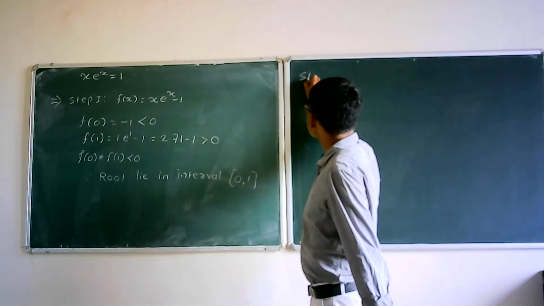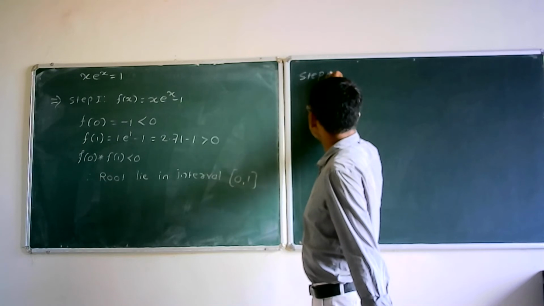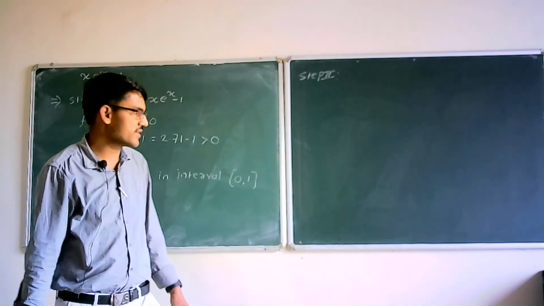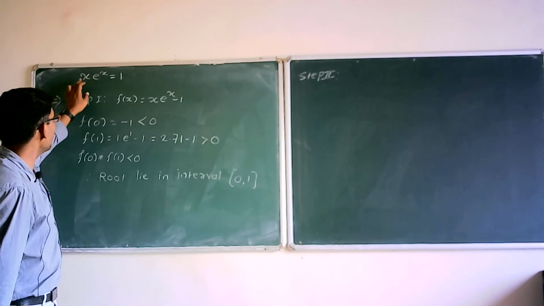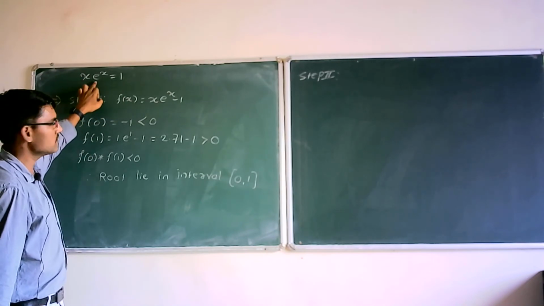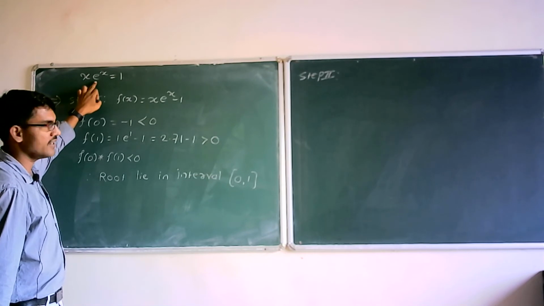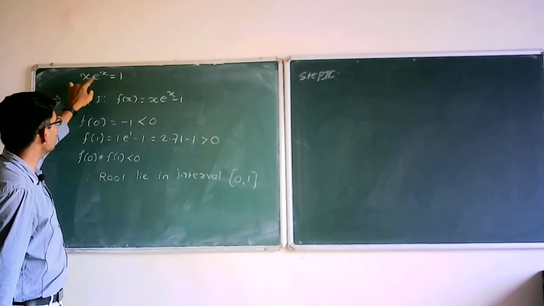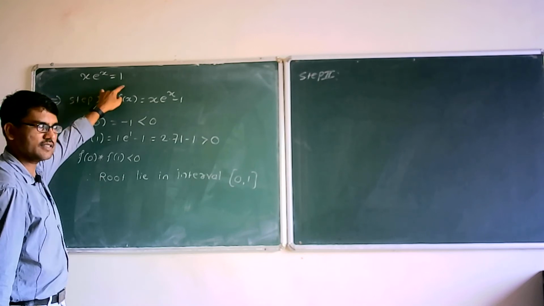Once you identify the interval containing the root, the next step, step number 2, is to write our equation in the form x is equal to phi of x. Again, there are two ways. Either you can write 1 by x here, then the inverse of e is ln 1 by x. The second method is to write this x here and e raised to x here.